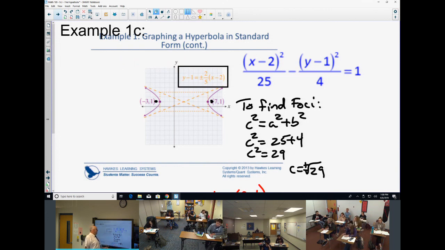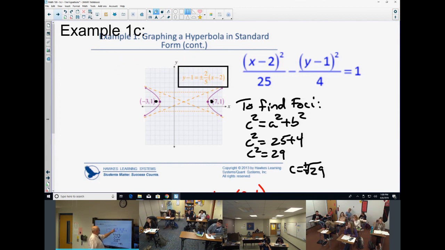Now, here it's important that you know which way to add the c. If the hyperbola opens up and down, then you're going to add and subtract to the y value of the center point. If the hyperbola opens left and right, then you're going to add and subtract from the x value of the center.